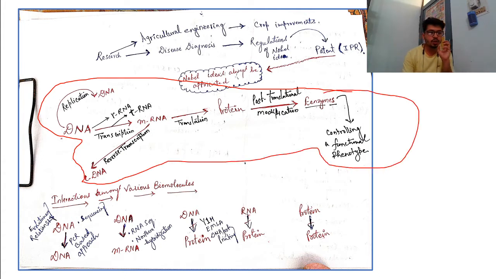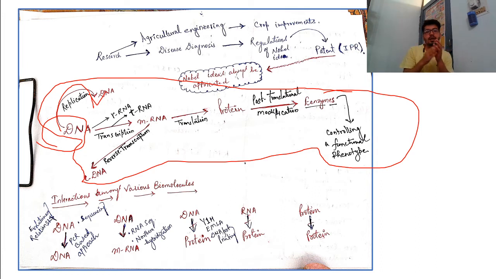This is DNA. DNA can synthesize DNA, that is called DNA replication. From DNA, messenger RNA will form, this is called transcription. In transcription, DNA can give rise to various other RNAs also, like ribosomal RNA. This is called housekeeping RNA, because it is very important for maintenance of the intracellular pool.